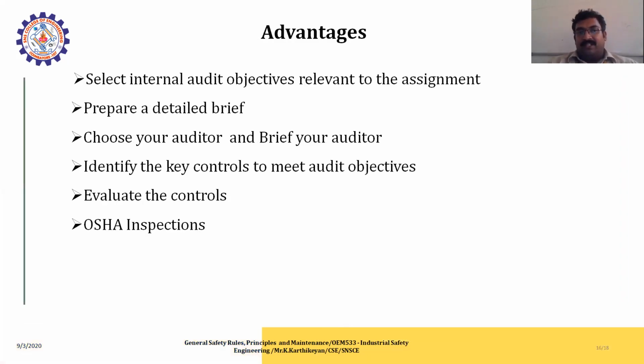Advantages means selecting the internal audit objective relevant to the assignment, preparing a detailed brief, choosing your auditor and briefing your auditors, identifying the key controls to meet the auditing objective, and evaluating the controls. Inspection is also important.